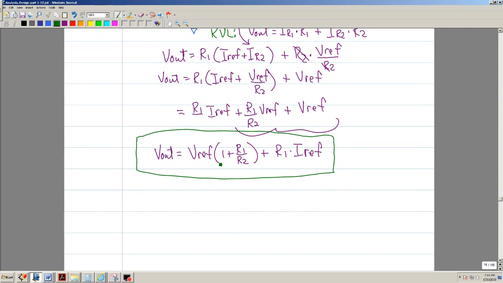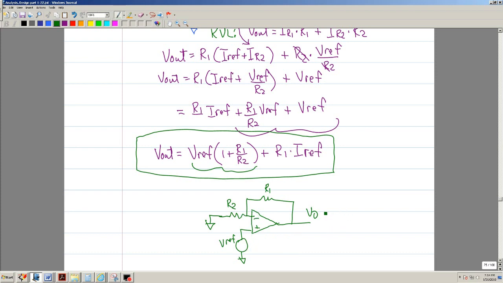Okay. Now, I'm not sure if you are familiar, but that equation is very similar to when you use an inverting op-amp.